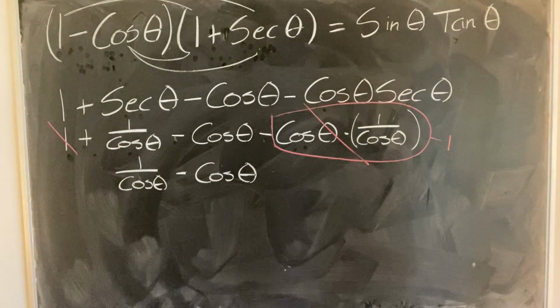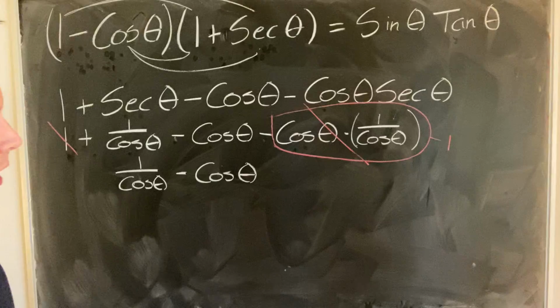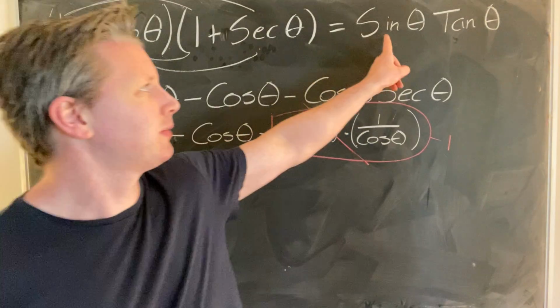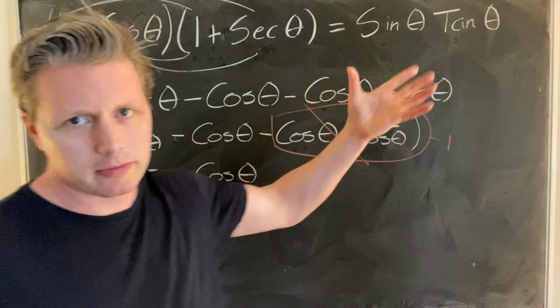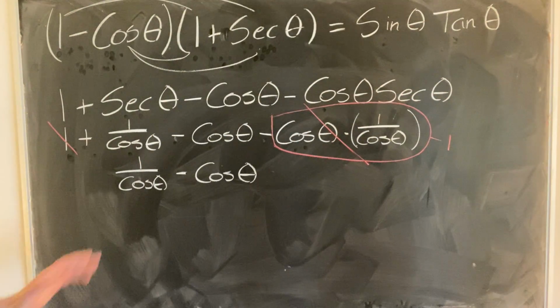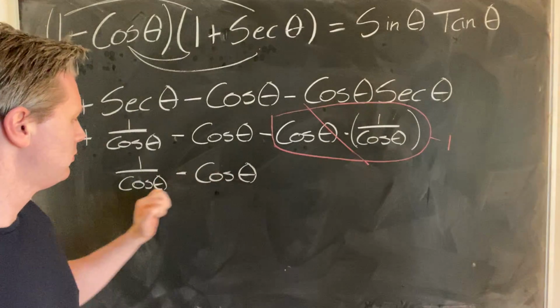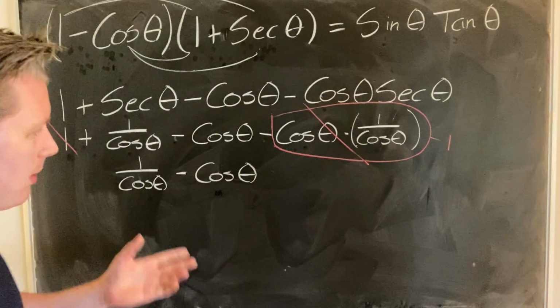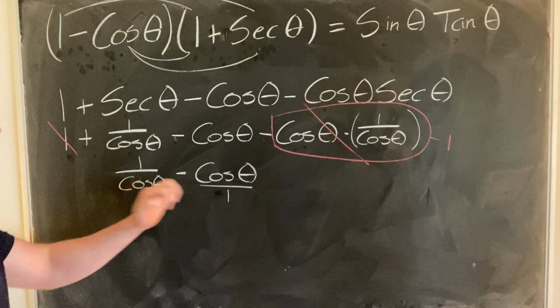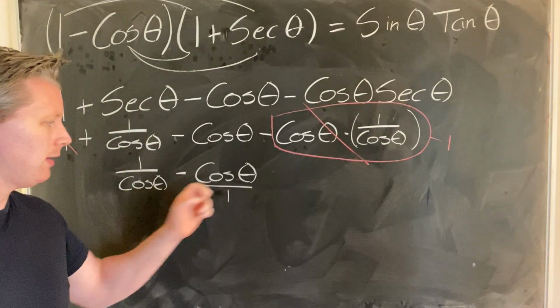All right, so that's what I have. I still don't have any sines or tans, and that's what I'm ultimately hoping to end up with. So what am I going to do now? Well, when I have two fractions, and you can think about cosine theta as being like cosine theta over 1, if you like, so it's like two separate fractions.